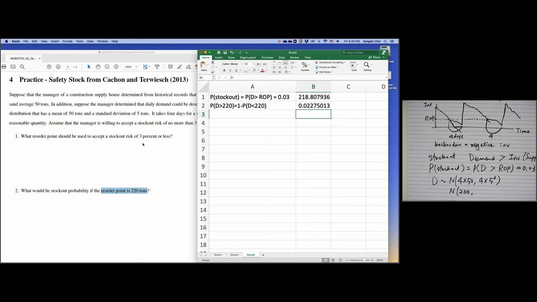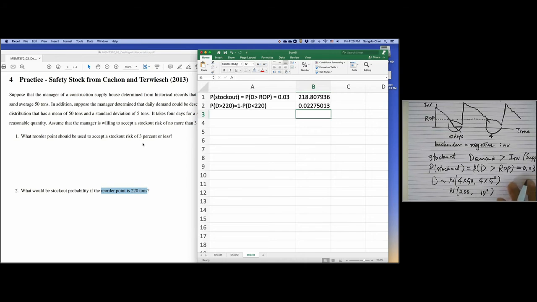Then the next 4 days demand variance will be the sum of all these variances, but not the sum of standard deviations. This is statistical theory, but I don't explain that theory. But I believe you learned that part. Then for this case, you have 4 times 25 is 100. That means you have 10 squared.